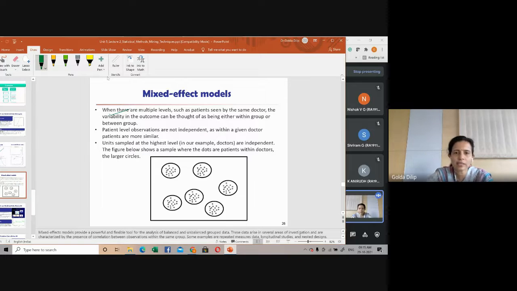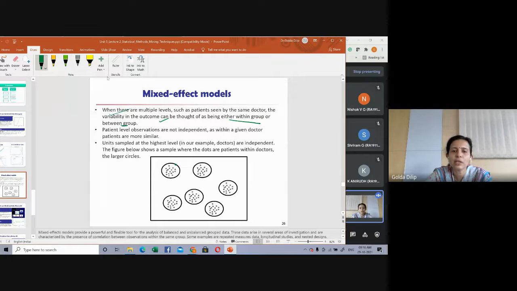Or let's take the same example shown here in the PPT: doctors and patients. Patients are nested within doctors, so there are multiple levels, in the sense of patients seen by the same doctor. You can see here patient level observation. For patients seen by the same doctor, the variability in the outcome can be thought of as being either within the group or between the groups.